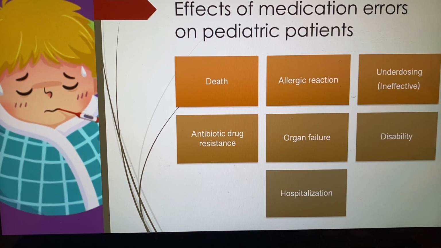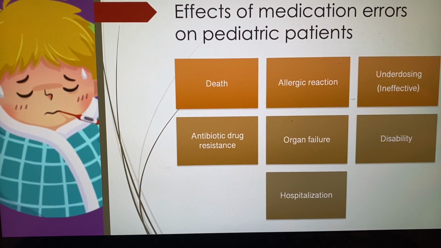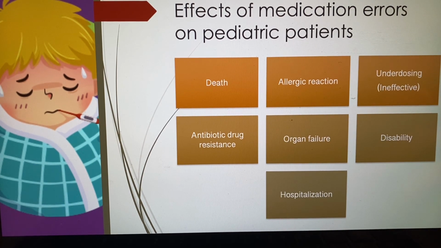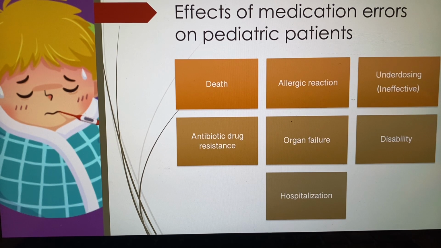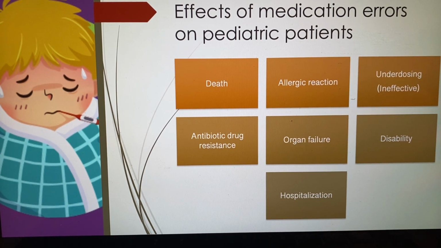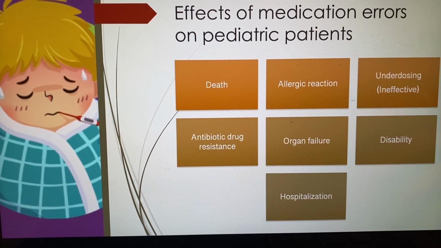Medication errors can result in allergic reactions such as anaphylactic reaction. They can also result in organ failure such as acetaminophen overdose. It can result in hospitalization, disability, antibiotic drug resistance, or underdosing that causes the drug to be ineffective and then therapeutic effects cannot be achieved.